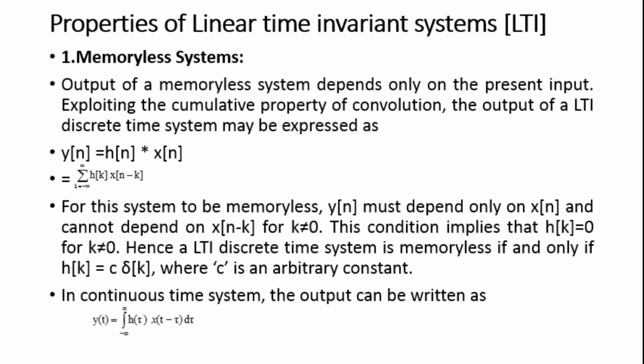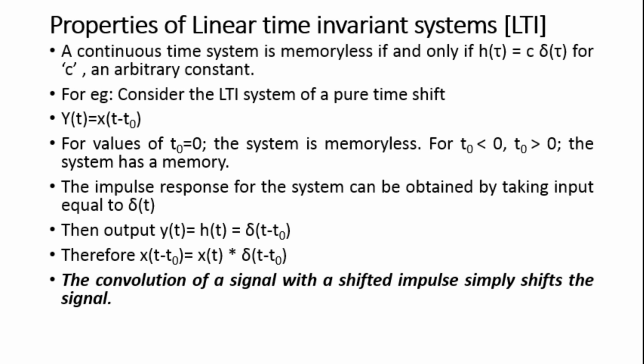In a continuous time system, the output can be written as y(t) = ∫ from -∞ to ∞ of h(τ) x(t − τ) dτ. A continuous time system is memoryless if and only if h(τ) = c δ(τ), for c an arbitrary constant.